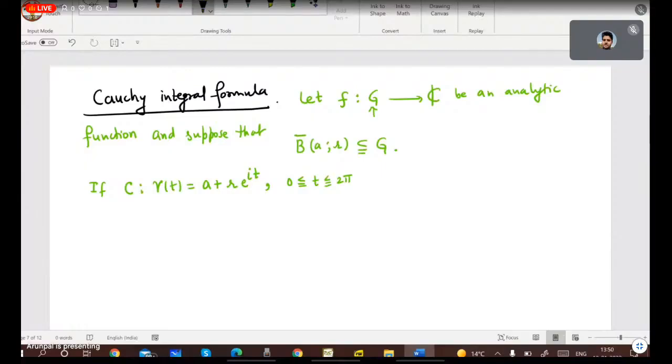So it will come out to be a circle centered at a having radius r. So this is gamma, and this is the trace of gamma, and I can say that every point here is of the type gamma(t).